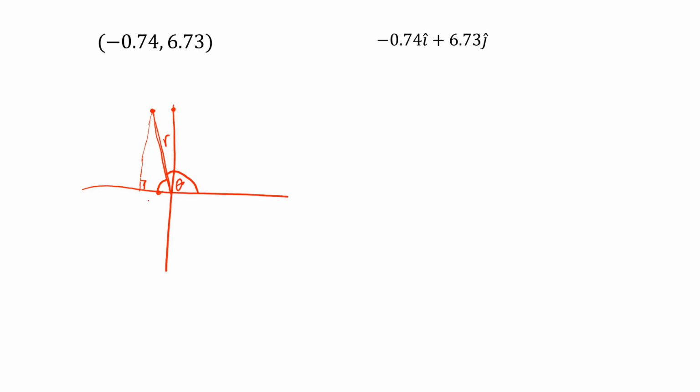So this is 0.74 and this is 6.73. So remember, we use tangent, and the theta that I'm going to be working with right now is this angle right here. We always work with the acute angle between the radius and the x-axis. So tangent of theta is going to be opposite, which is 6.73, over adjacent, which is 0.74.